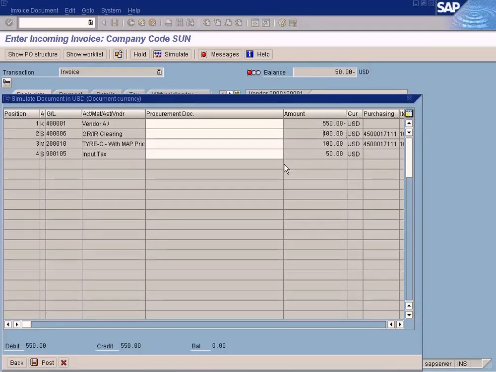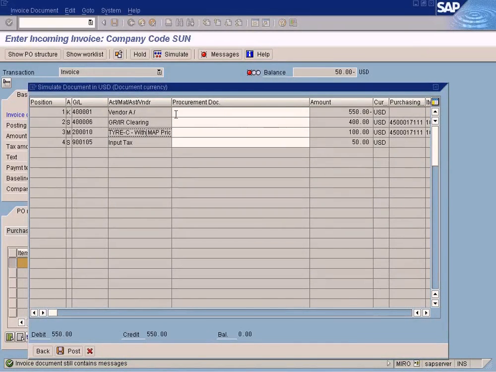Observe the postings here. The system is posting the price difference of $100 to the stock account directly. This is what happens if there is stock coverage.